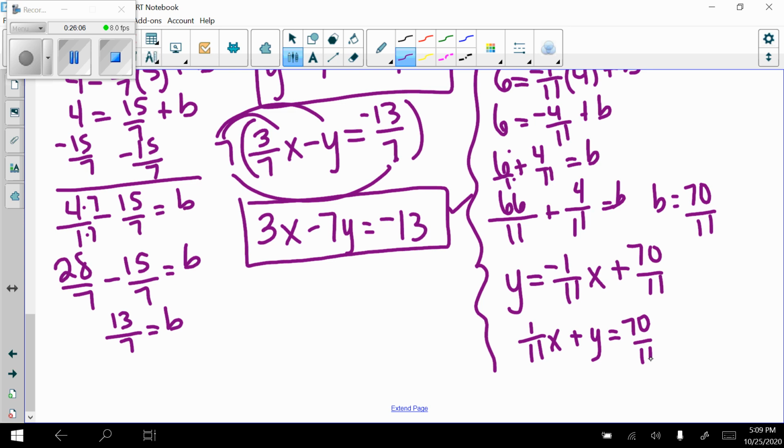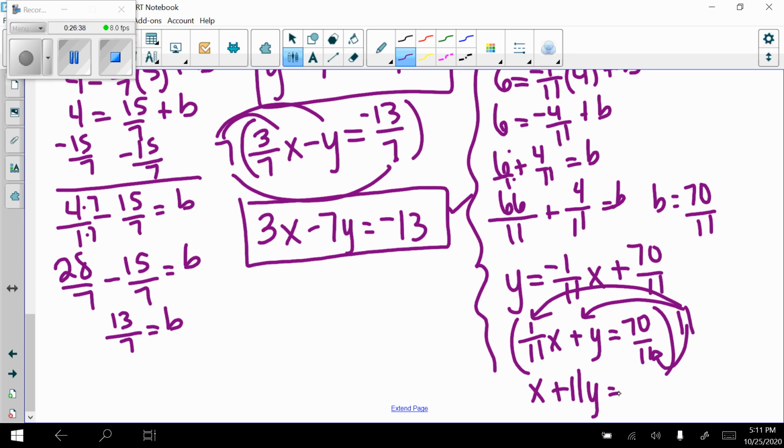To get rid of it, I only multiply by the denominator. The denominator we're multiplying by is 11. Only multiply by 11. Multiply everything in here by 11. 1/11 x times 11: the 11's cancel, and I'm just left with 1x or x. 11 times y is 11y, equals 70/11 times 11.